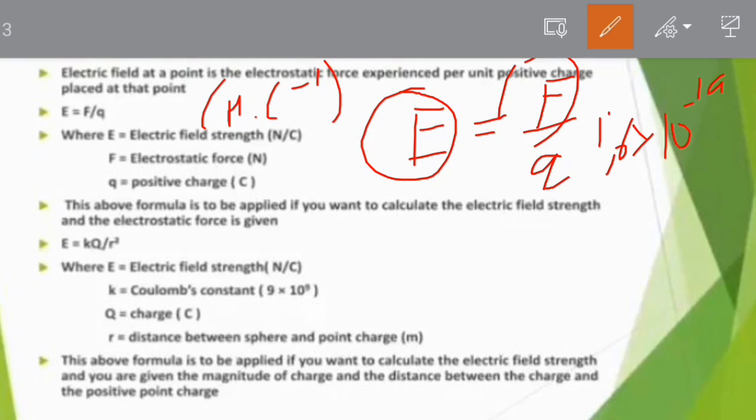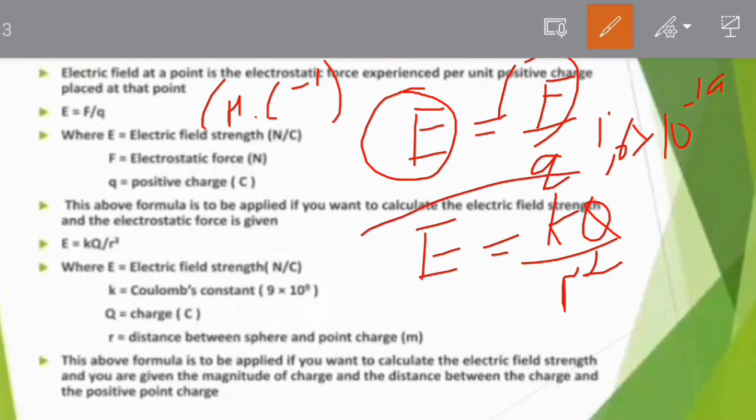Then we have now another formula for the electric field. So we say it's E equals KQ over R squared, right? Which you can see from the one whereby we are calculating electrostatic force, we only took out 1Q, right? So that forms the formula for the electric field strength.